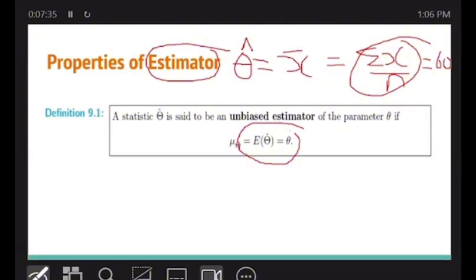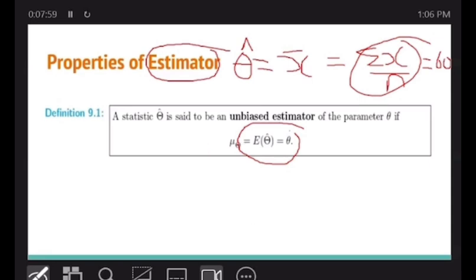How are you so sure that your formula will do a great job? One of the properties of that estimator is that it should be unbiased. Unbiased would mean when I find the average of different values the estimator can give, and if that can give me the true value of a parameter, then I'm going to say it's an unbiased estimator. Does that make sense?